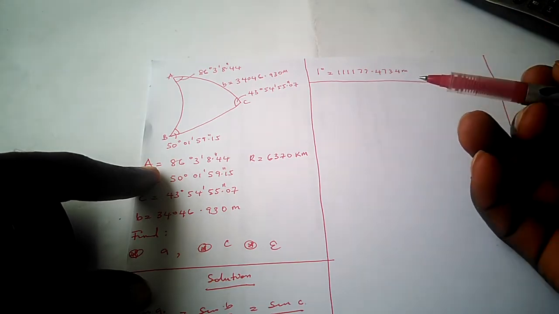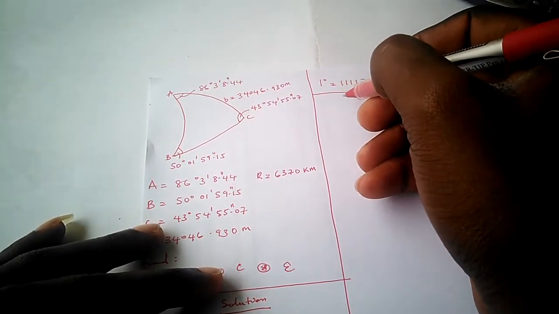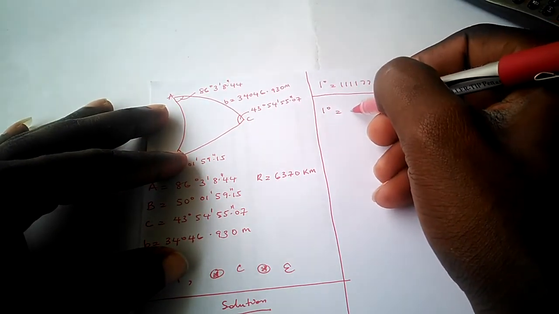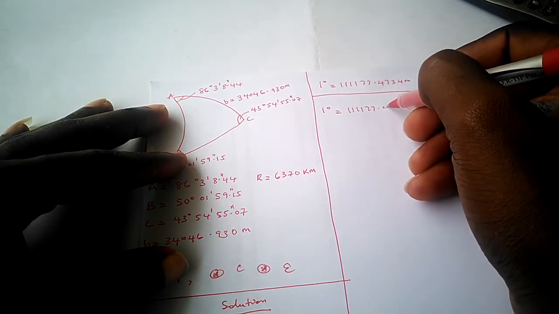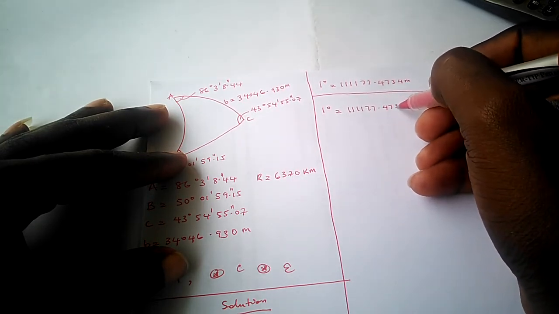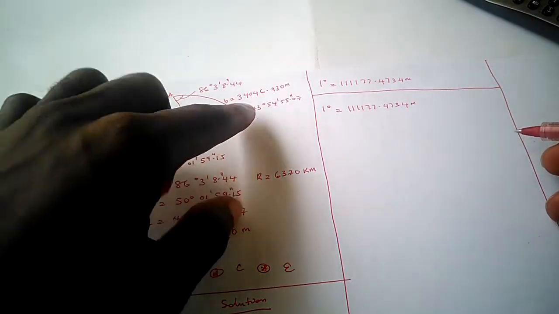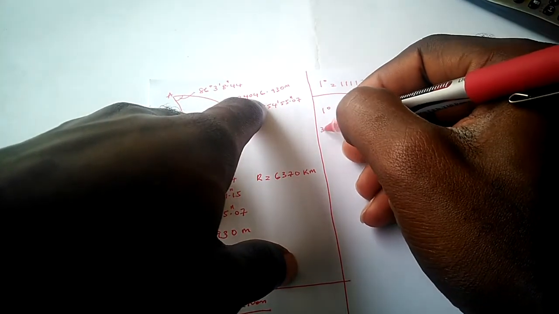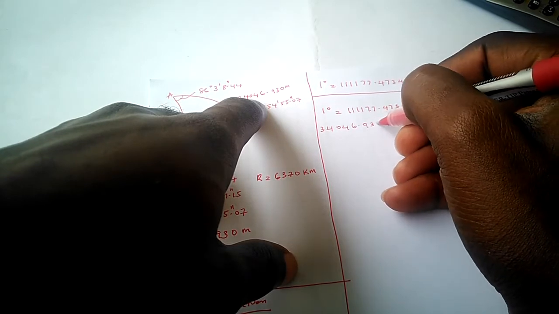So now let's continue. We've been told that 1 degree, from the formula we are going to use, is equal to 111,177.4734 meters. And we have 34,046.930 meters.